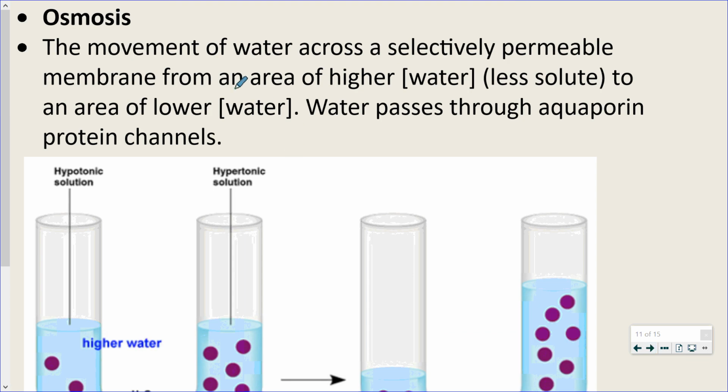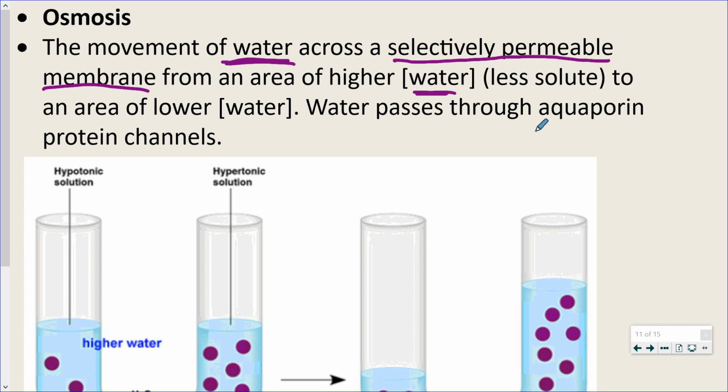Osmosis is referring specifically to water. It is still diffusion, only it is the diffusion of water. It's passing through a selectively permeable membrane is what we are talking about, like the cell membrane or an organelle membrane. So it is still talking about going from where there is more, and here it is the water, from where there is a higher water concentration.